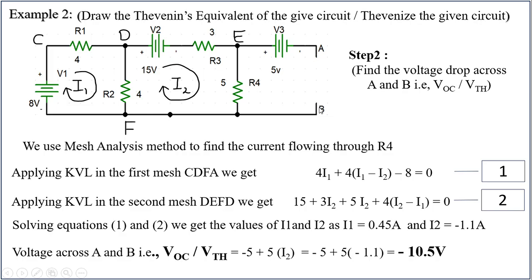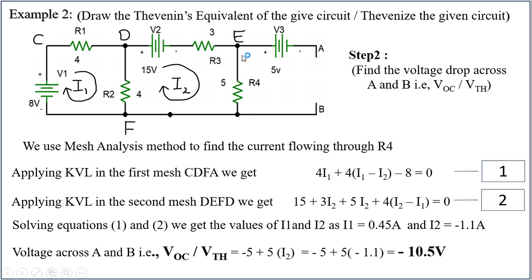So there is a route from A to B, that's A to E, then to this, then to B. As there is no connection between A and B, we have to consider the voltage drop across A and E, and the voltage drop across this 5 ohm resistor and 0. If you add them, you will get the open circuit voltage.